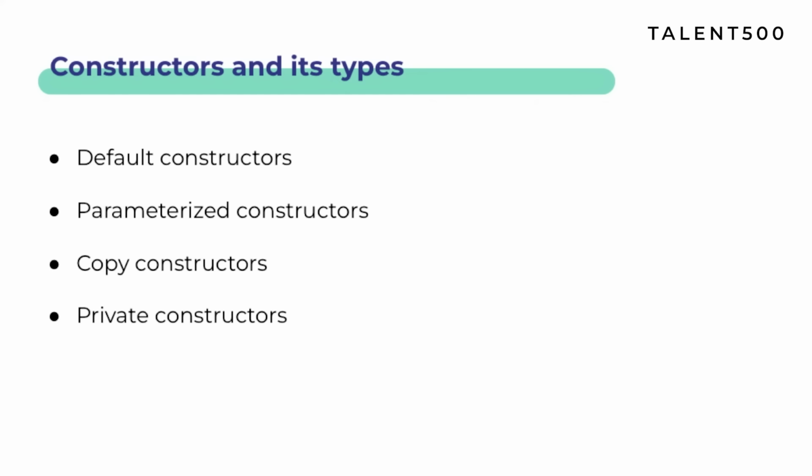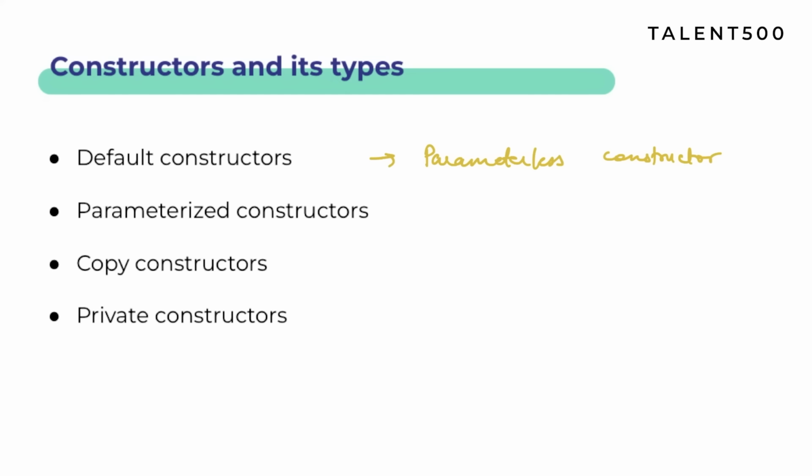And in order to achieve that, we have these 4 constructors. So what is a default constructor? It is also called a parameterless constructor. And whenever you talk about a constructor, whatever the class name is, the constructor is also going to have the same name.